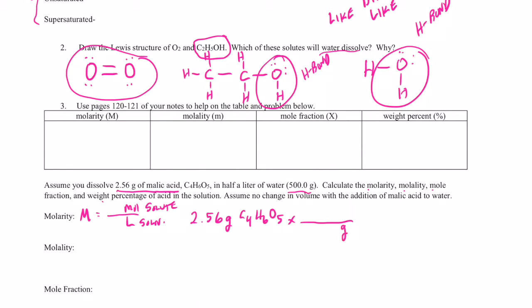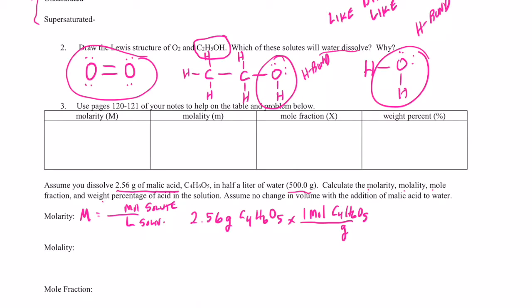So let's put grams on the bottom and moles of C4H6O5 on top. Now the molecular weight of C4H6O5 is, let's find out, there's 4 carbons, each one weighs 12.01 grams per mole, and 6 hydrogens, each one weighs 1.01 grams per mole, and 5 oxygens, each one weighs 16.00 grams per mole.